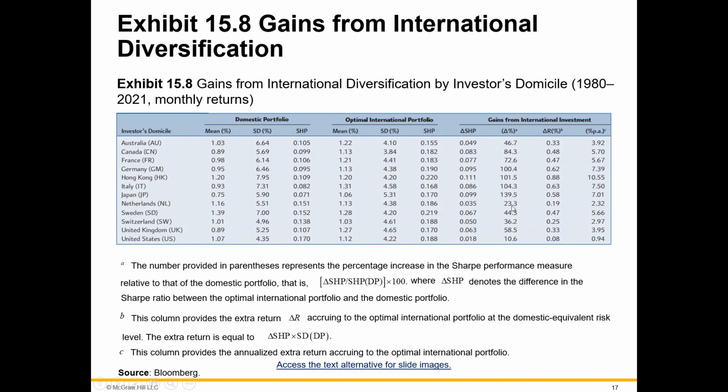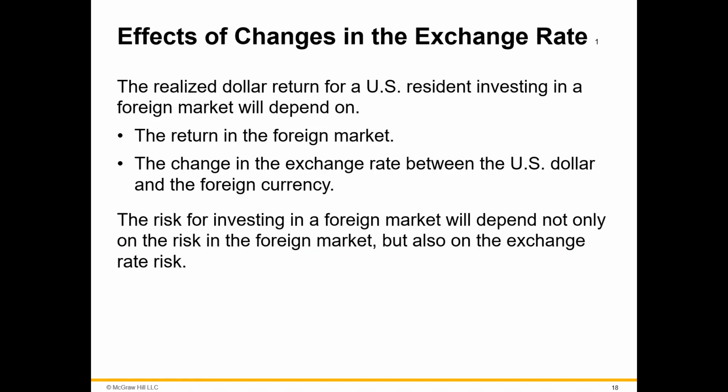So in Japan, the Sharpe ratio increases by 140%. That's a giant gain from investing internationally. What you'll see is interesting then, because we'll look at what percentage of domestic investors in a set of countries invest internationally.